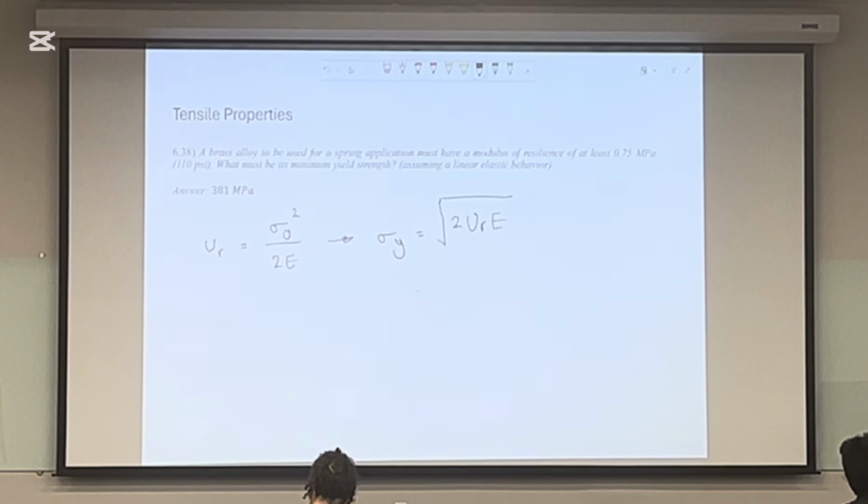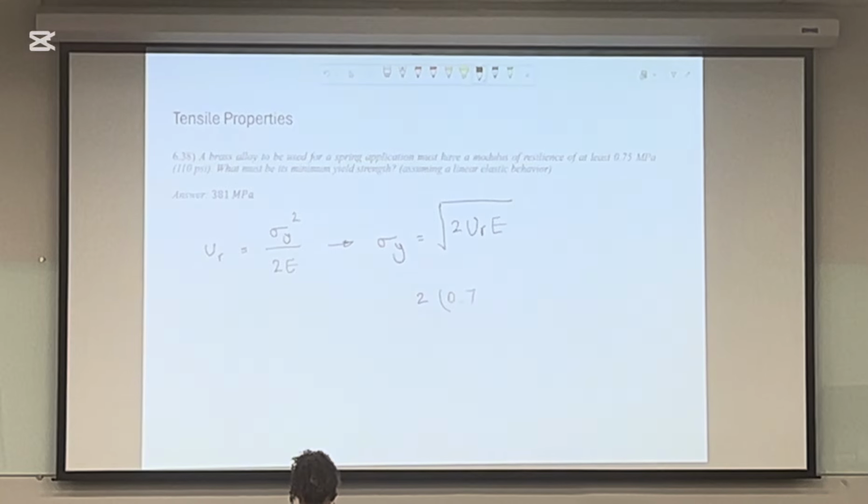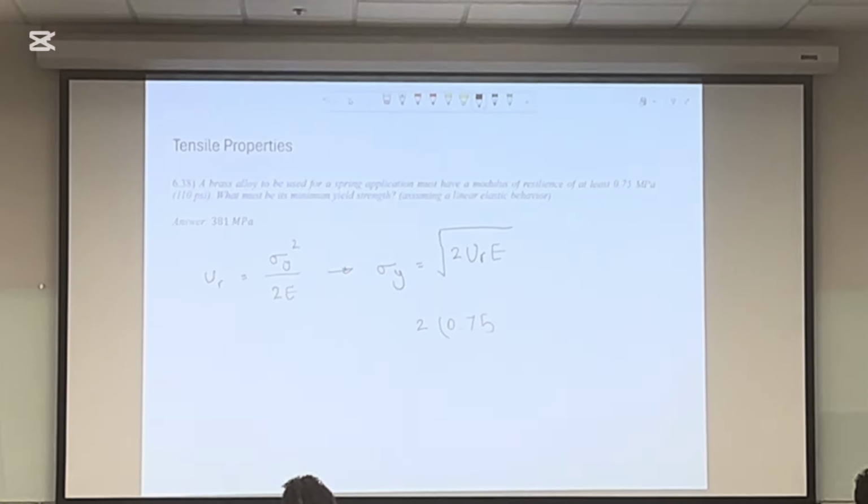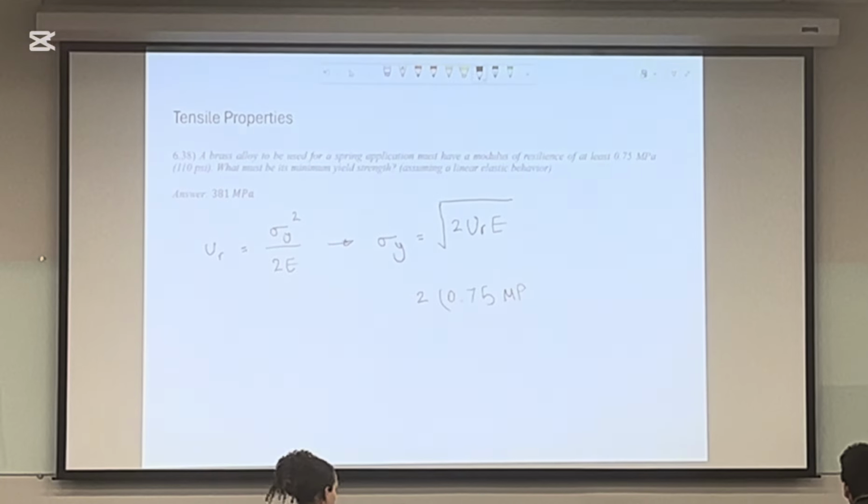So we have the modulus of resilience is at least 0.75 megapascal. So we can replace it with the lowest amount, which is 0.75.